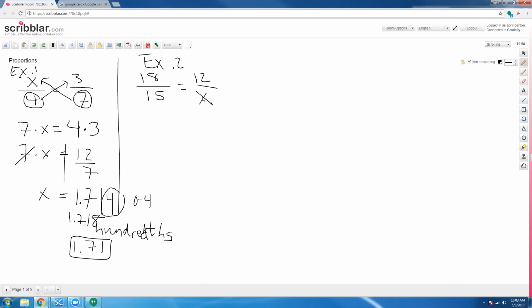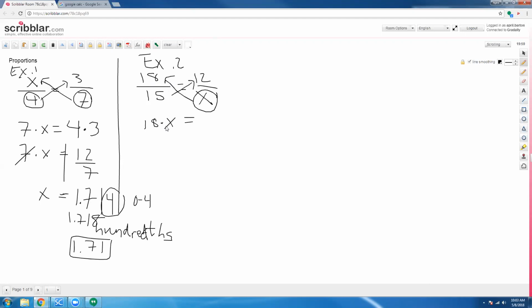So if we're going to solve a proportion where the variable's on the bottom instead of the variable being on the top, nothing really changes. We still cross multiply. Bottom of this fraction on the right multiplies by top of the other side. We're going across, which is why we call it cross multiplication.